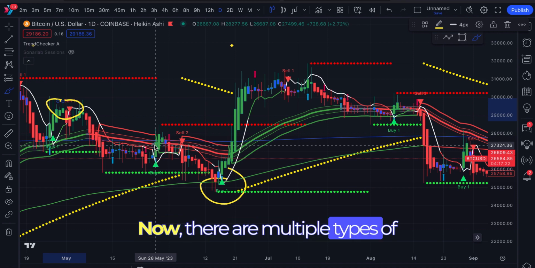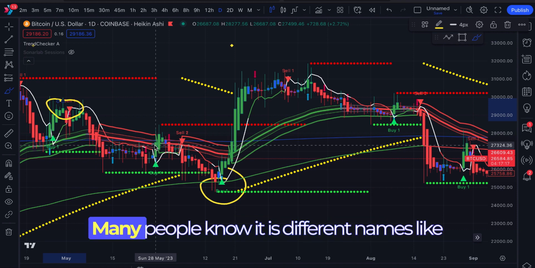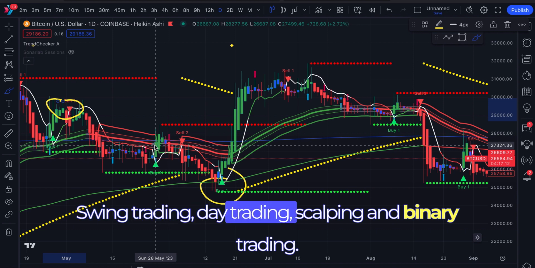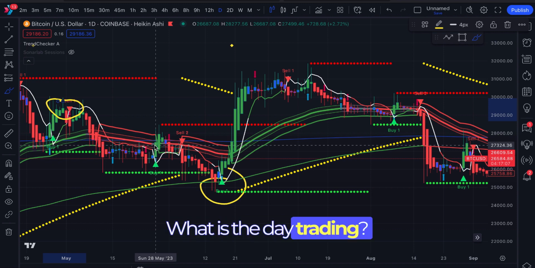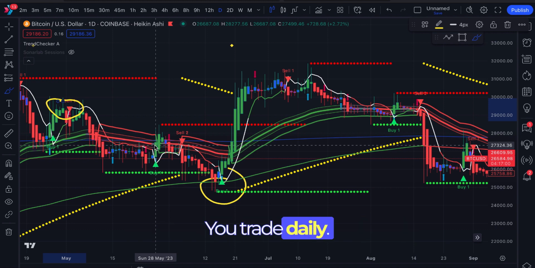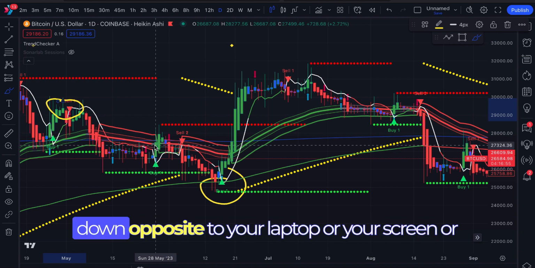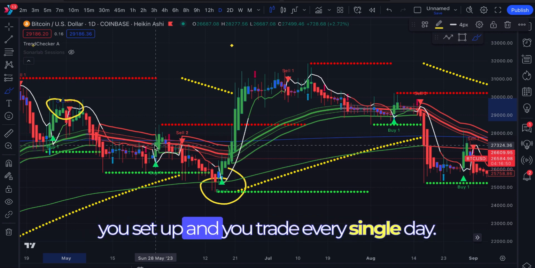Now, there are multiple types of trading in the trading world. Many people know them by different names like swing trading, day trading, scalping, and binary trading, right? What is day trading? Day trading means you trade daily. You get up in the morning, sit down opposite your laptop or your screen or your setup, and you trade every single day.